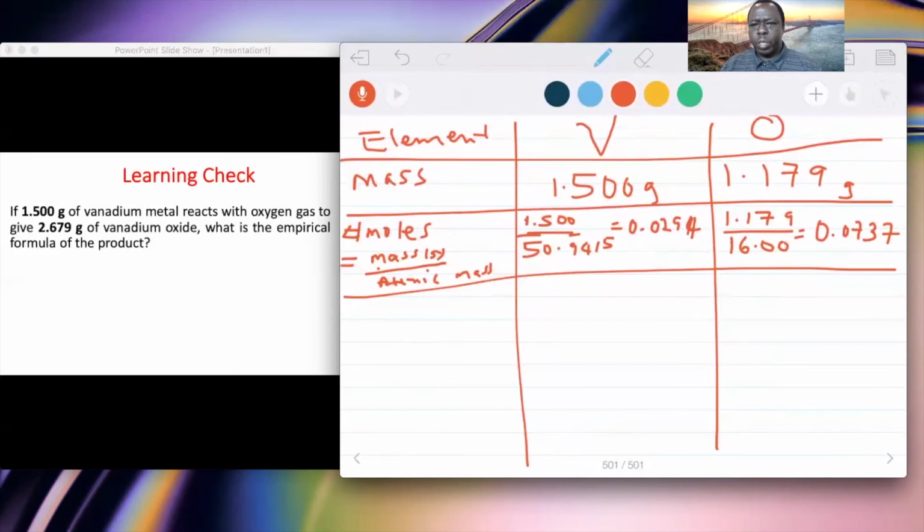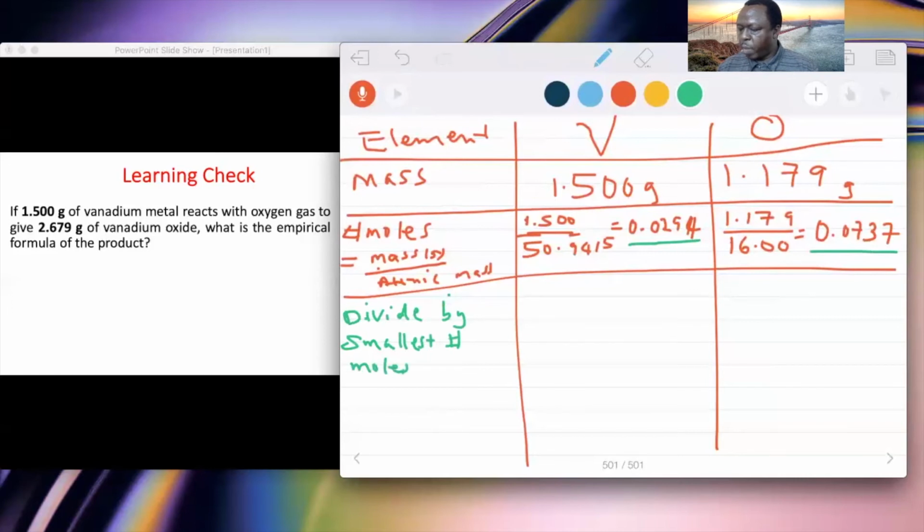Pay attention to the number of moles. Here is 0.0294, and compare this to 0.0737. You divide by the smallest number of moles.